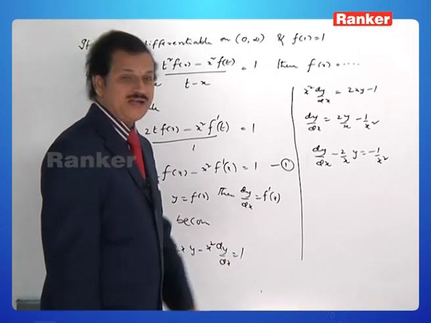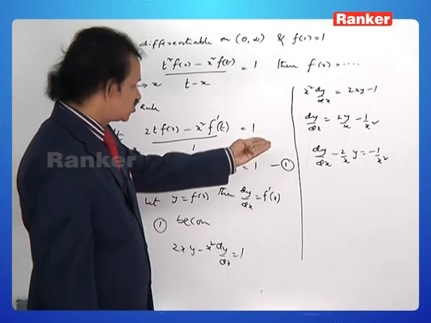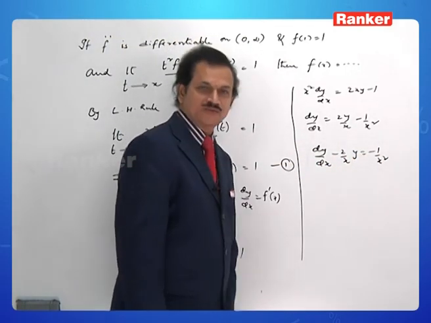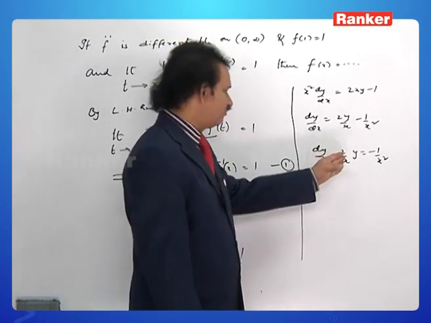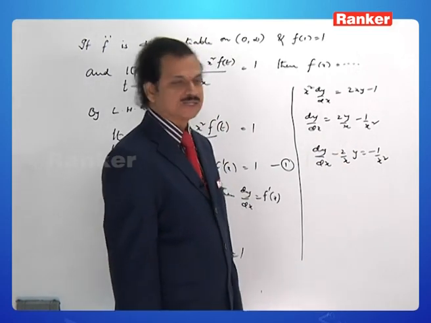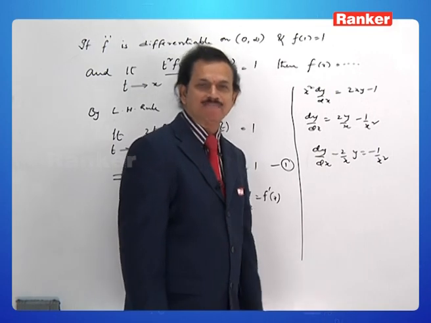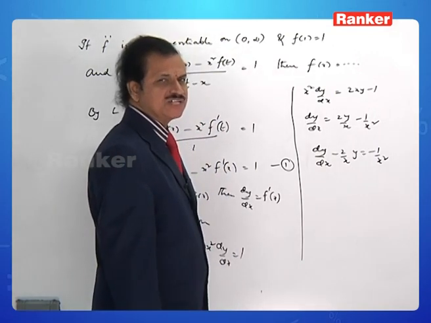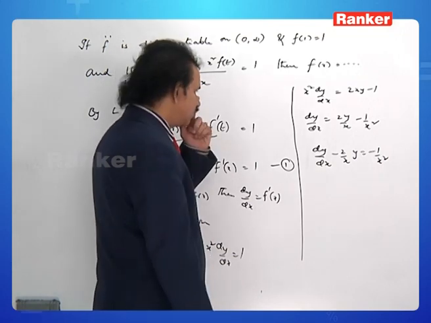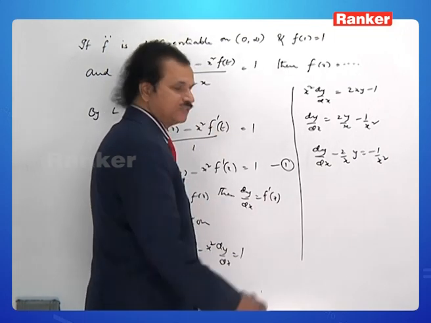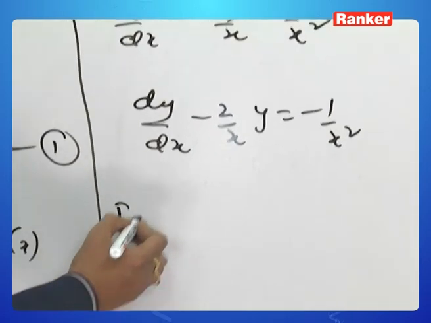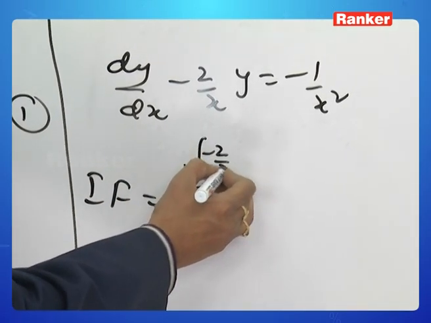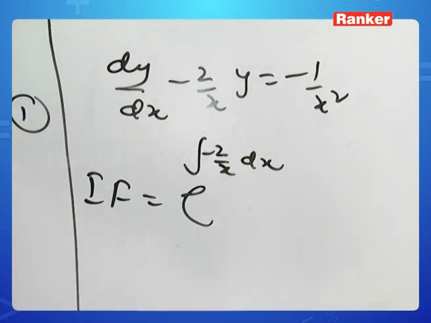This is linear in y, one of the most standard forms. Dy by dx plus py is equal to q, isn't it? In the place of p, what do you have? Minus 2 by x. And in the place of q, what do we have? Minus 1 by x square. Well, let us not waste time. That is the first step to be implemented. IF, that is integrating factor, is equal to e power integral minus 2 by x dx.